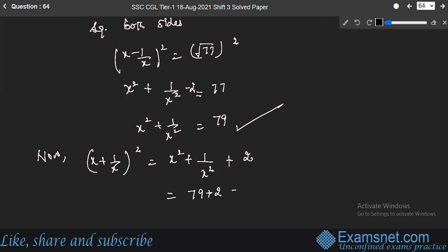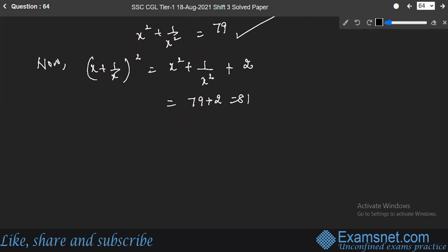So you will have this as 81. Correct? From here, you will get the value of x plus 1 upon x. This is equal to root of 81, or this is equal to 9. Hope you are clear till here. Now we have found out the value of x plus 1 upon x. We will simply find the cube of it.